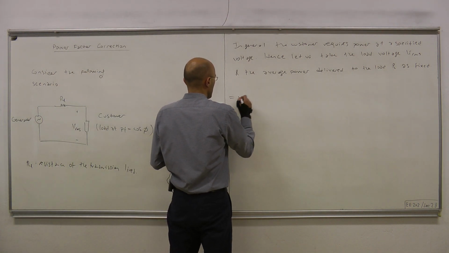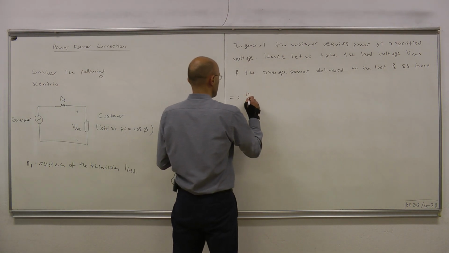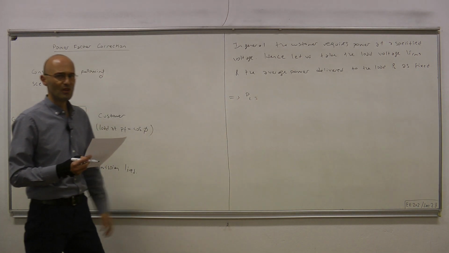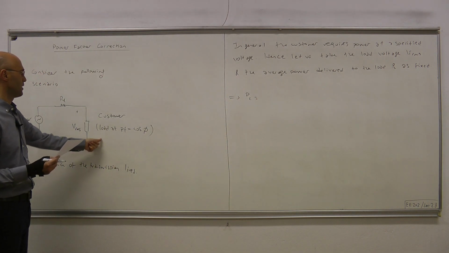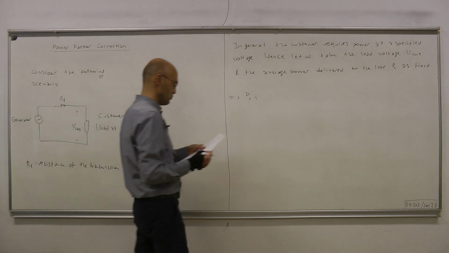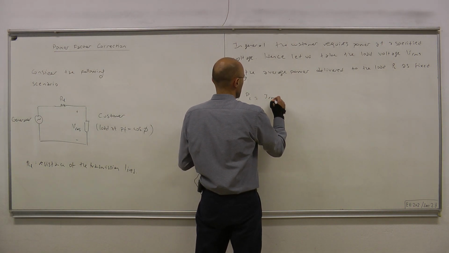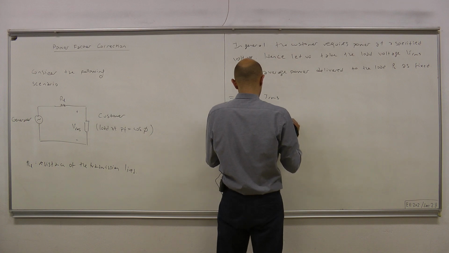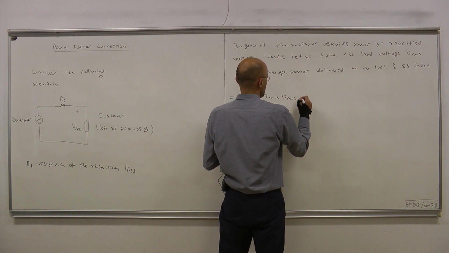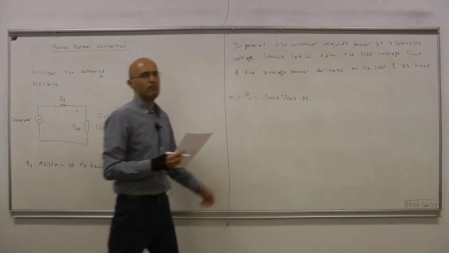So what we have is the following: PL, the power requirement of the customer, which we assume to be fixed, equals IRMS times VRMS times the power factor.